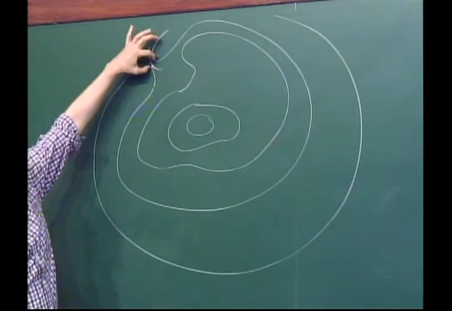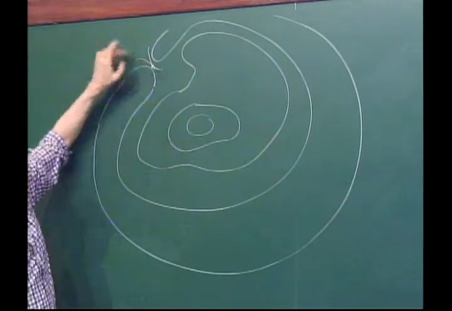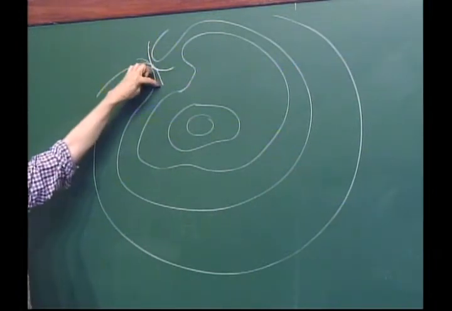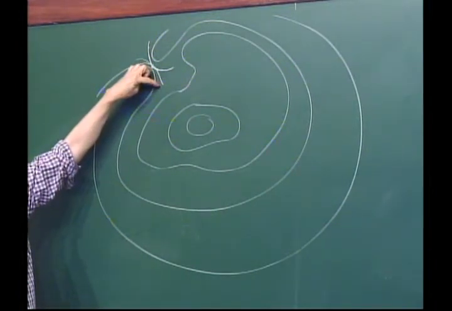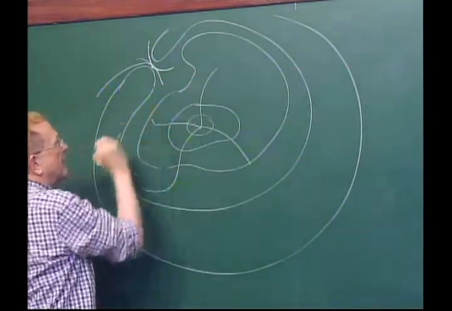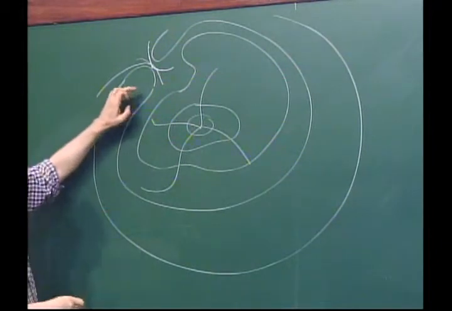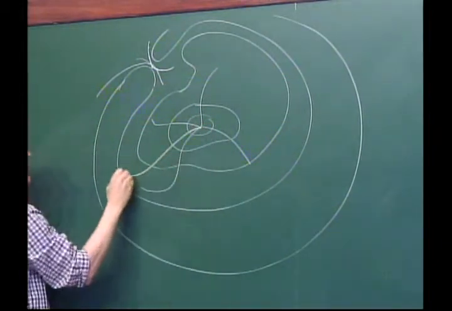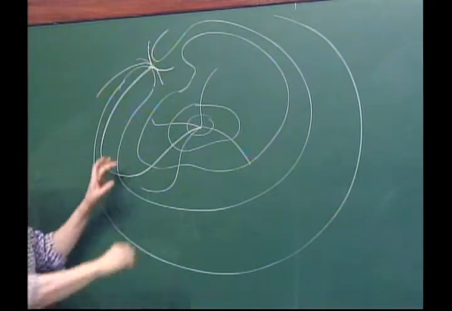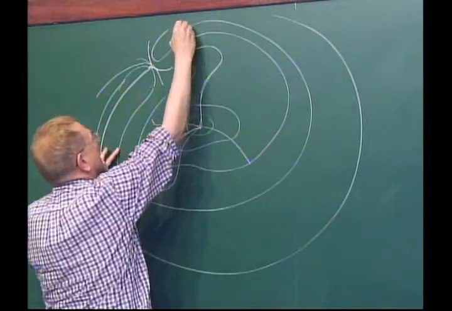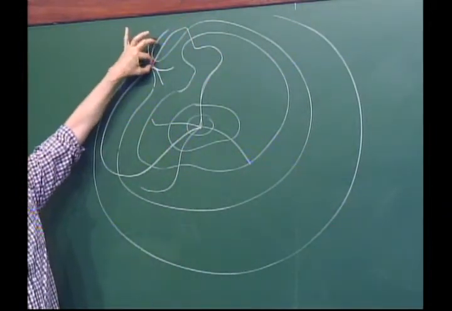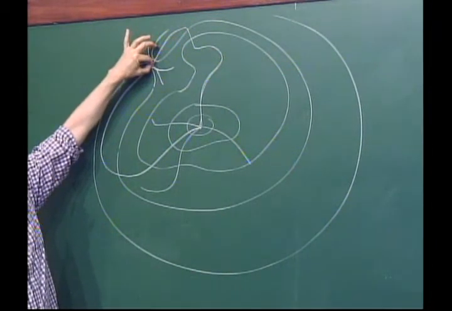And the first time that you aren't embedded, that immersed curve touches itself from the outside of the disk. So there's a geodesic that comes in from that side, and another geodesic that comes in from the other side. And since these curves are immersed, they're tangent at that point.